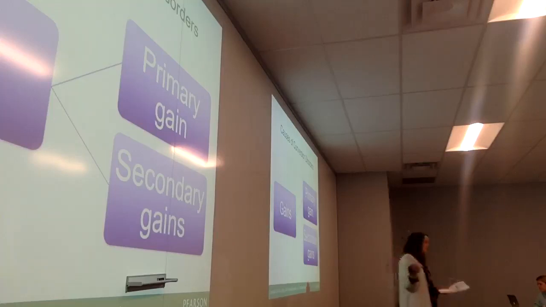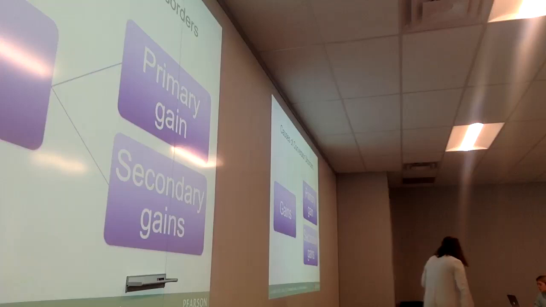So those are the secondary gains, and again, that's where the attention would be. The primary gains would be that immediate, I'm getting out of whatever I need to get out of. Like that stress, you're getting away from it, you're avoiding it, you don't have to do it anymore. Maybe it really was taken away, whatever responsibilities you might have.